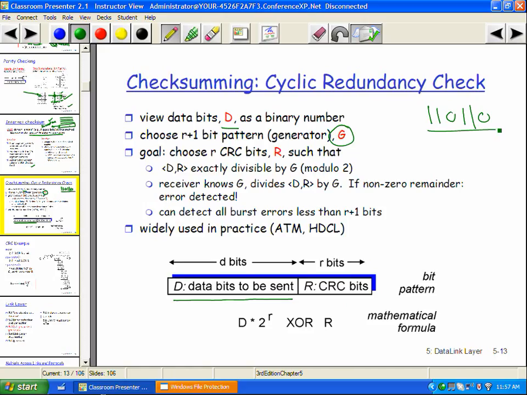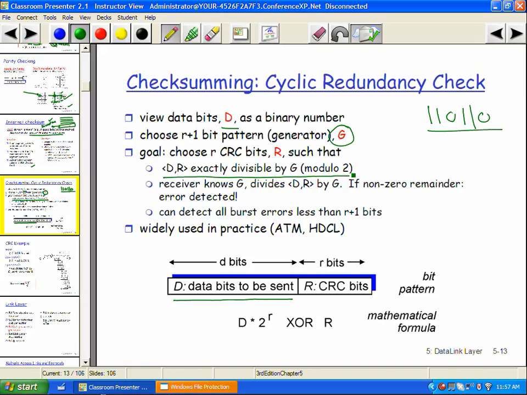Some mathematician tells you this is a good G, you can use it. Okay, so your goal is that now you have D, which is the data, G, that is a constant. You want to come up with the CRC bits such that DR is exactly divisible by G.